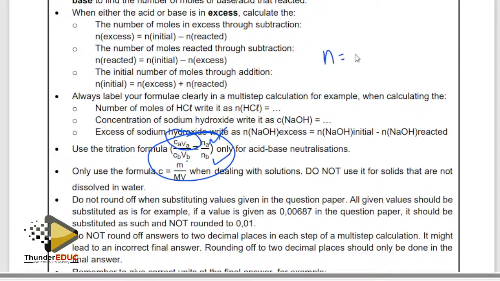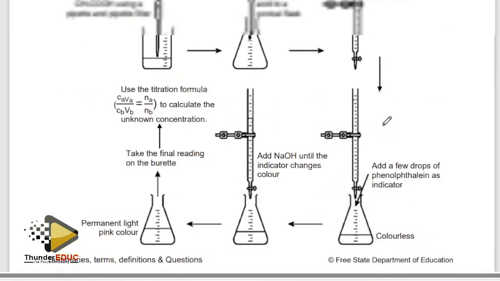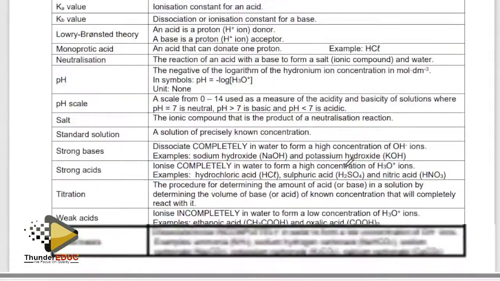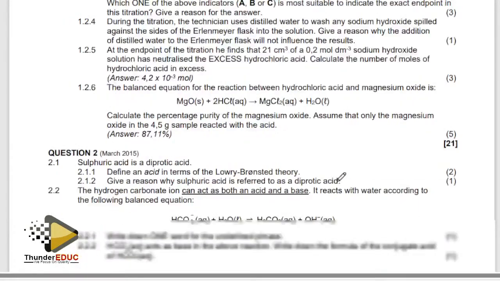Number of moles is equal to mass over molar mass, or concentration times volume. Please check your formula sheet. It's good that they give you formula sheets. So you guys, acids and bases, you pass it. I know that the questions are not that difficult.